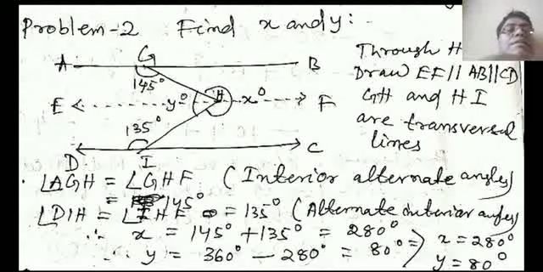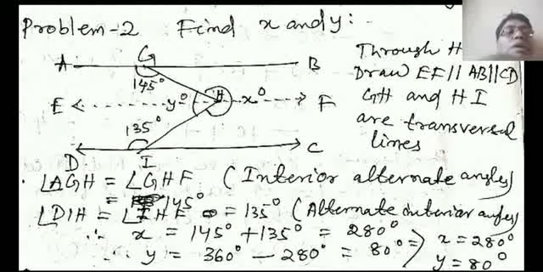They are interior alternate angles, so 145 degrees. Similarly, from the lower side, transversal HI, angle DIH is equal to angle IHF, which is 135 degrees.